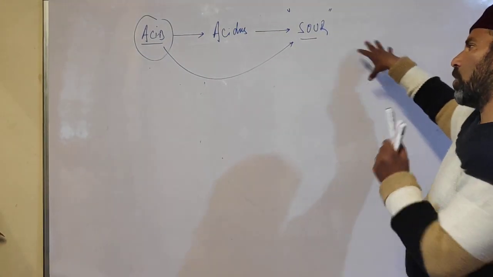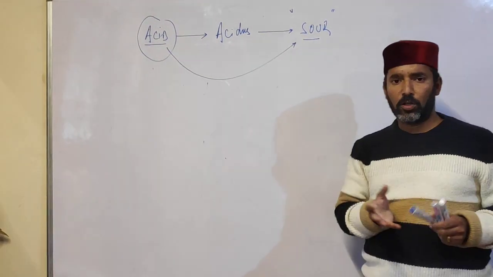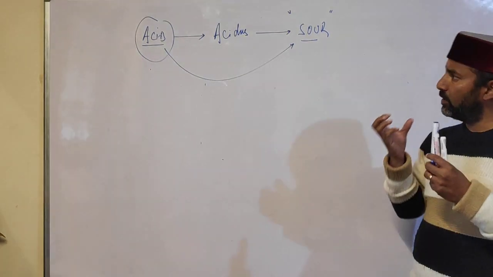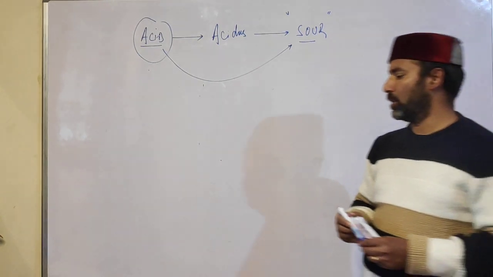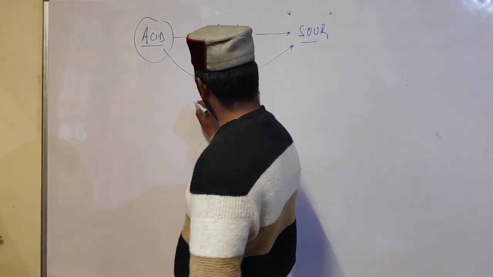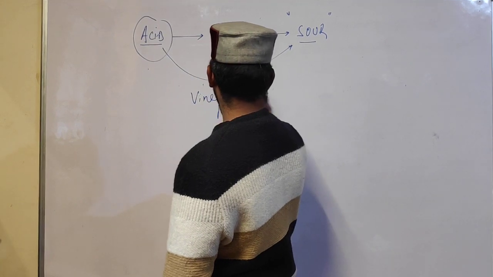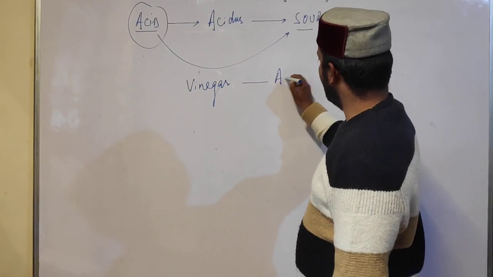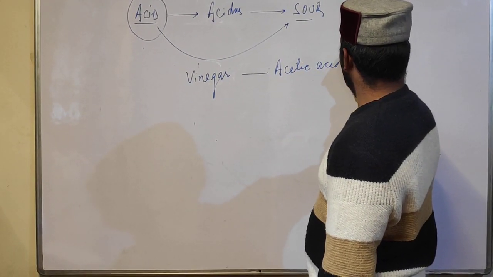Now, since acids are sour substances, in many food items, many fruits, many vegetables, their sour nature is because of the presence of acid. For example, look, our vinegar, हिंदी में जिसको हम सिरका बोलते हैं, contains acetic acid.